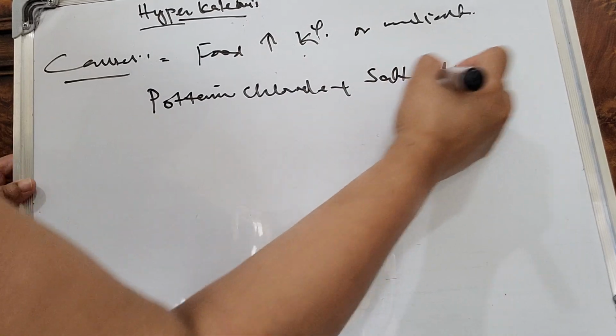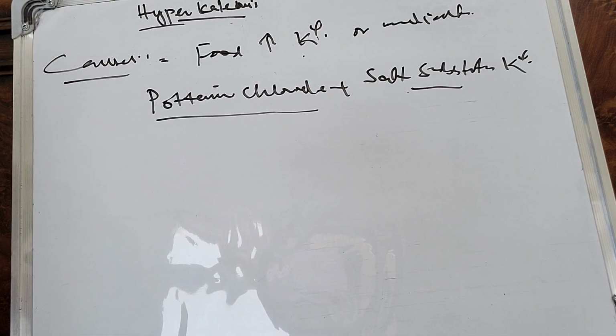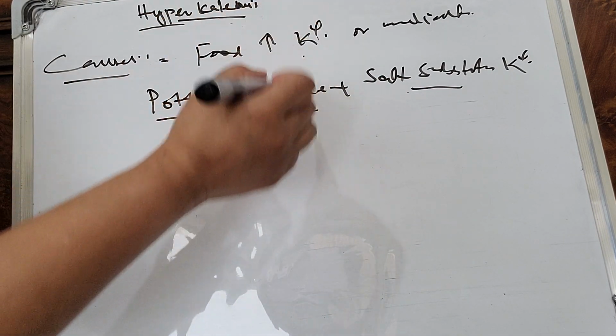Salt substitutes and potassium chloride both have high potassium.